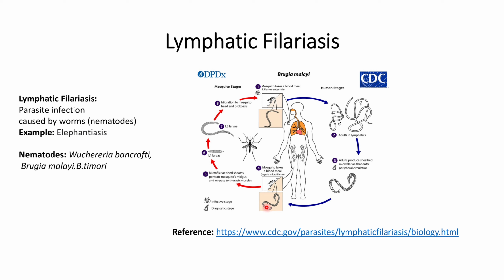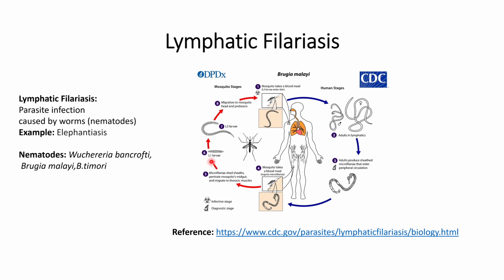What happens when a mosquito that is not infected with the larvae takes a blood meal from the patient? The microfilariae that are now in circulation at the periphery of the skin get taken up inside the mosquito. The microfilariae sheath will then go within the mosquito's midgut and migrate to the thorax muscles.